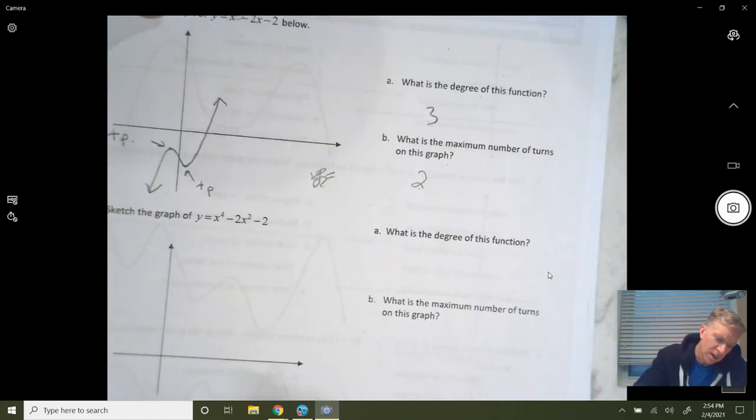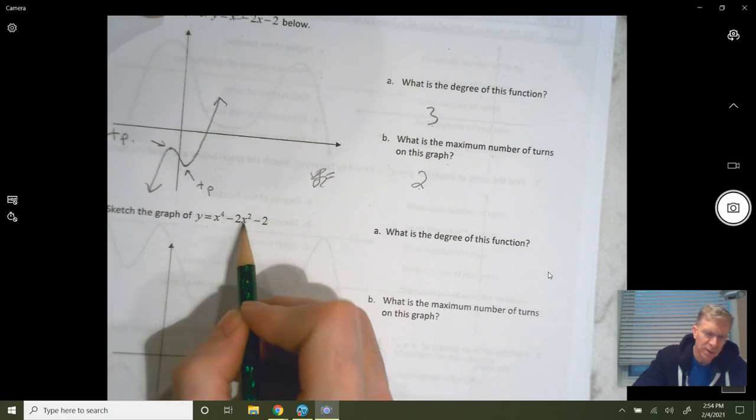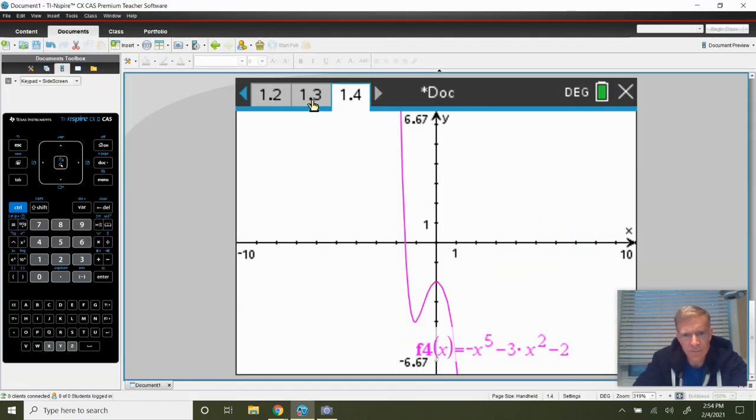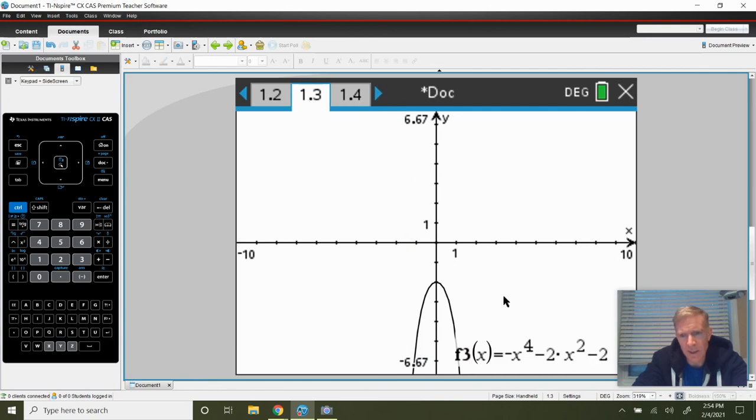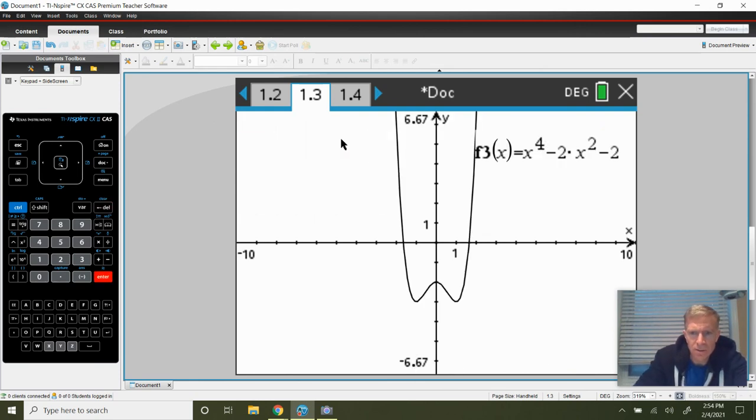Now let's look at this one. X to the 4th minus 2x squared minus 2. Let's go to our graph. That was the third one, I think. X to the 4th minus 2x squared minus 2. We had a positive lead coefficient. Let's change that back. Okay, now notice, end behavior's up and up. We've got 1, 2, 3 turning points.